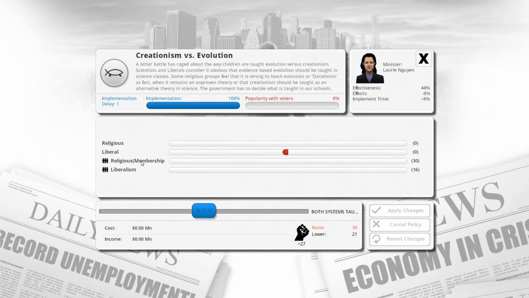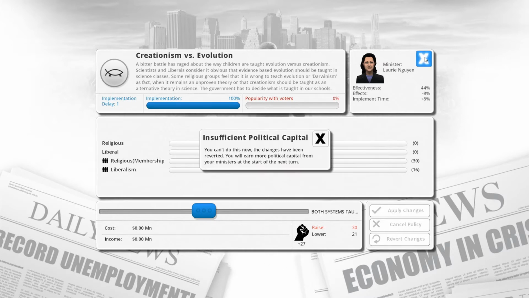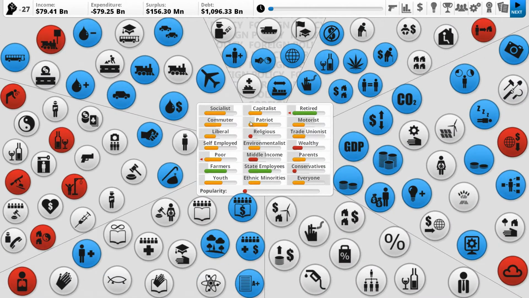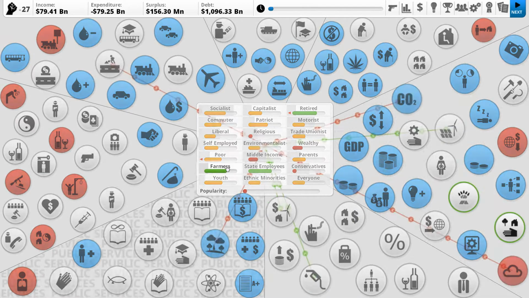And we can sort of reduce membership by doing things like only teaching evolution in our schools, which will greatly reduce the religious membership. However, it's a lot harder to reduce membership in a group than it is to just please them. So I'll let the religious people live here for now. Let's see what else we can do.